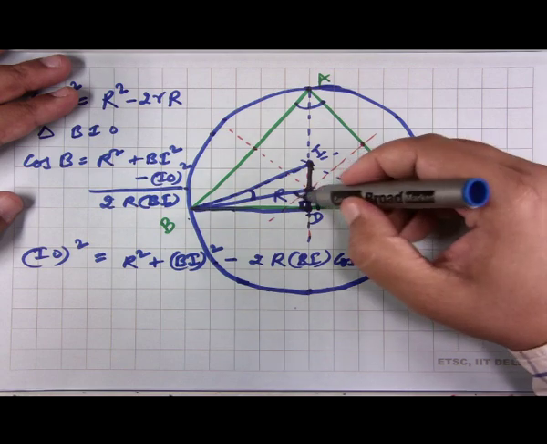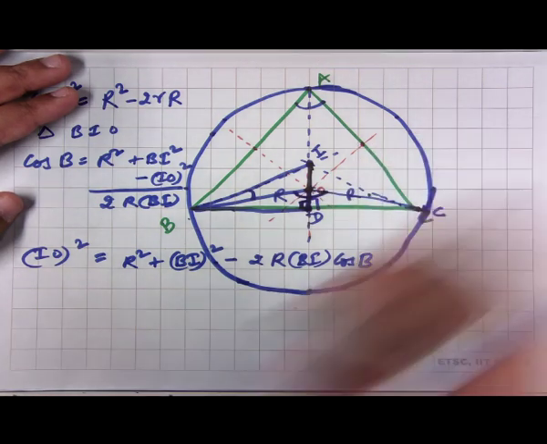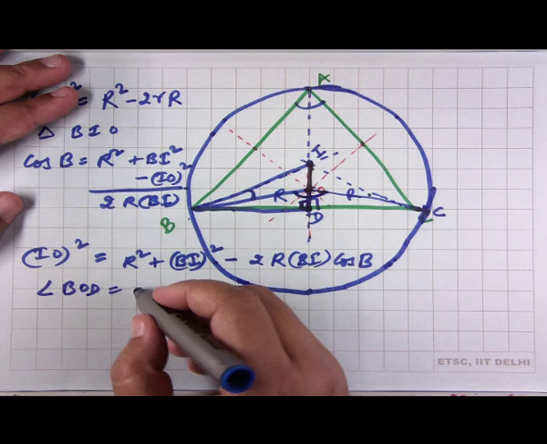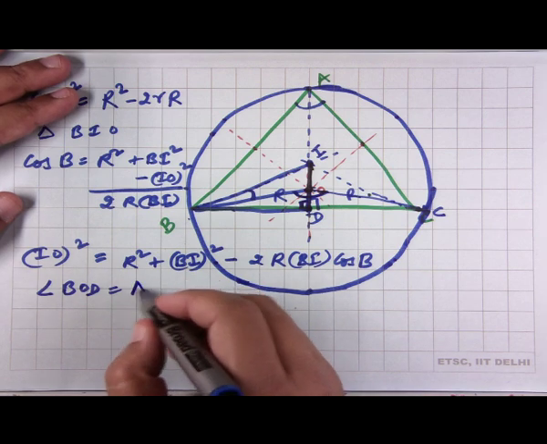And since this entire angle was 2A, it follows that angle BOD should be equal to half of twice of A, which is equal to A itself.